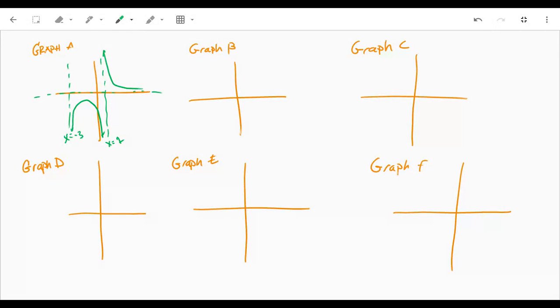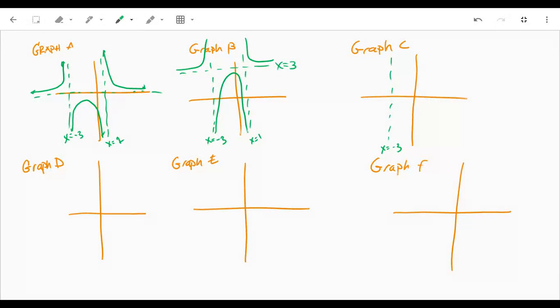Okay, graph B is similar, still at -3 and 1. We have a horizontal one up at, looks like 3 to me. Okay, and then the branches on this one, here, here, and here.